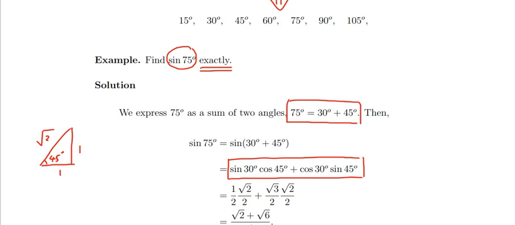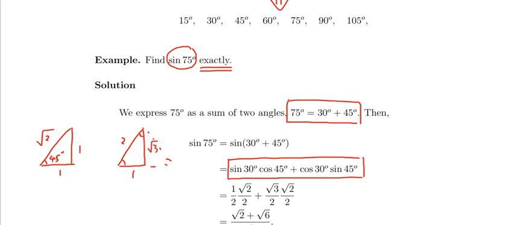The other one is 1, 2, radical 3. It actually comes from the equilateral triangle, right? So this is 60 degrees, this is 30 degrees, and this is radical 3.